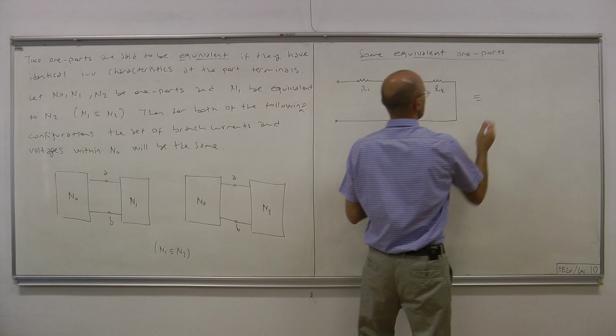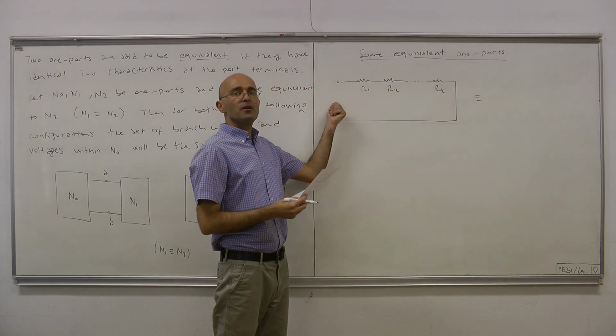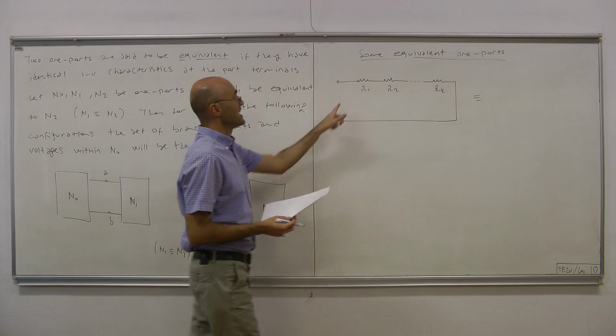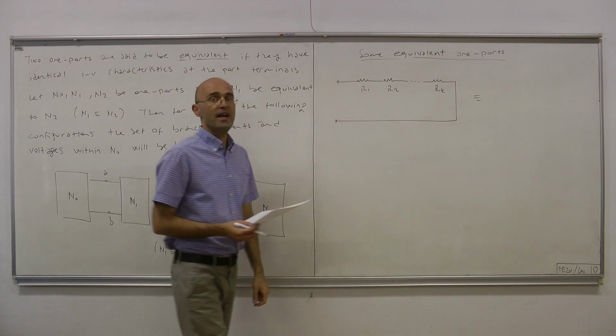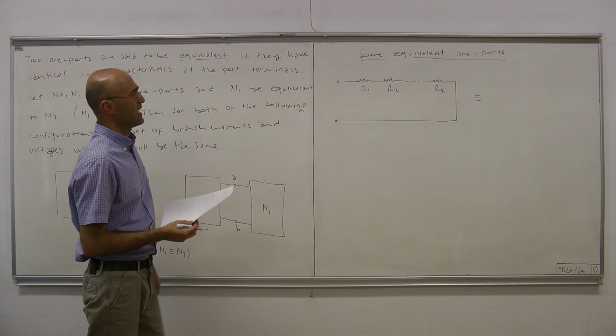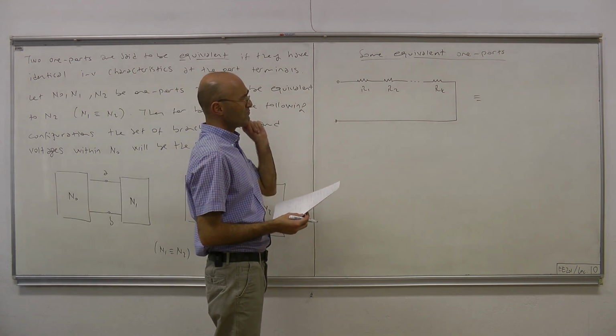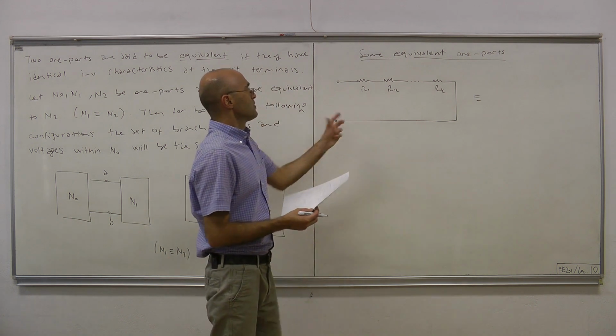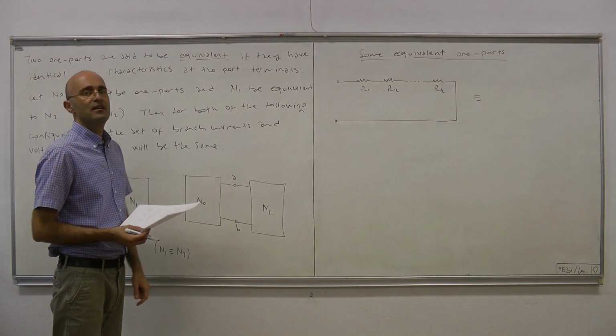Now we know that this one port, which inside has K components, K LTI resistors, can be represented by a single component, one port, and the two one ports will be equivalent.